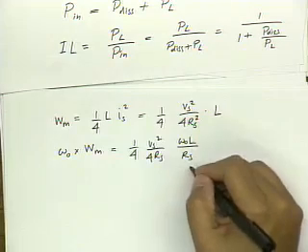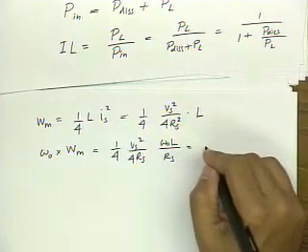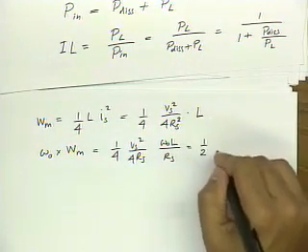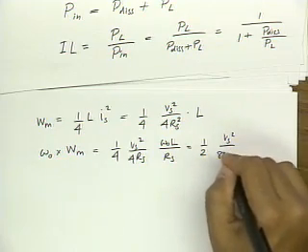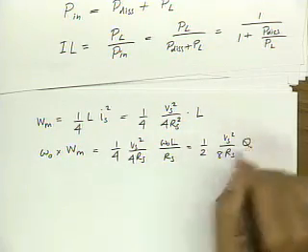Well, omega naught L over Rs is just Q, so I can write this as 1/2 Vs squared over 8Rs times Q.